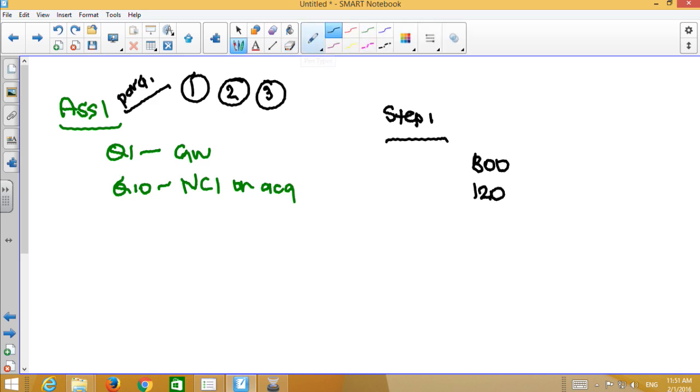So share capital 800, retained earnings 120. Then there was a revaluation, a couple. The first one, land, up by 200. Is that right?